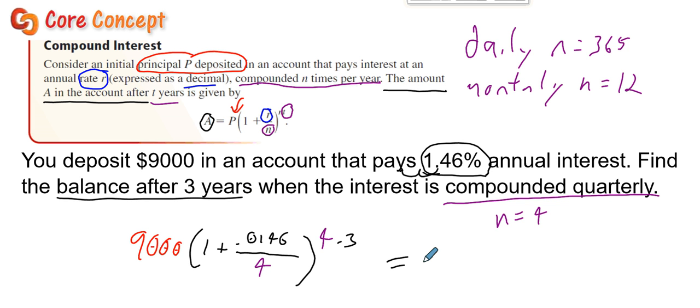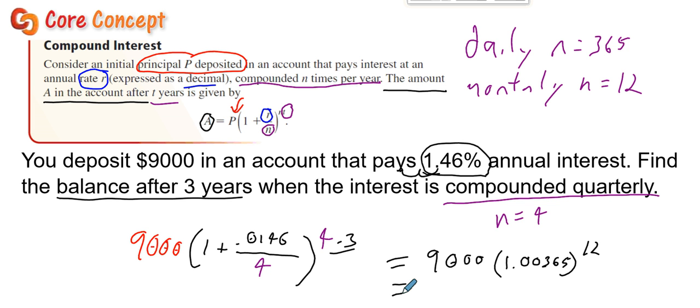I like to simplify things first before I put them into the calculator. So I get 9,000 times 1 plus 0.0146 divided by 4, I get my growth factor, which is my B value, 1.00365, and 4 times 3 is 12.